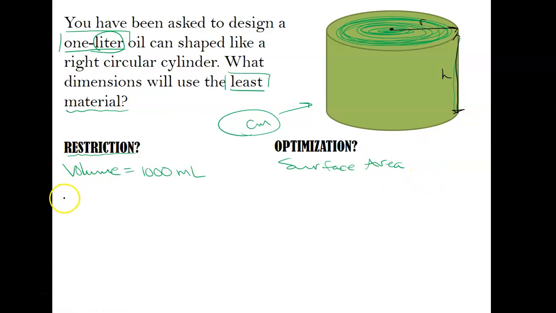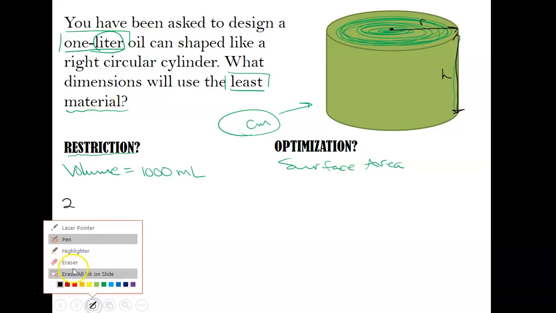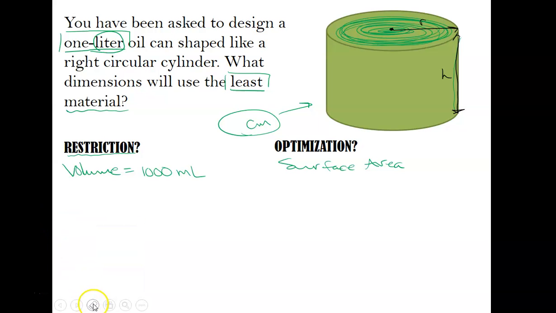So if I want the volume of my can, that's going to be the area of the top, so that's my pi r squared, times the height of the can, so times height. That has to be equal to 1,000. Right? This is my restriction. If I take the radius, square it, multiply by height, multiply by pi, it better darn well come out to 1,000. Otherwise, I don't have a can that has a volume of 1,000.